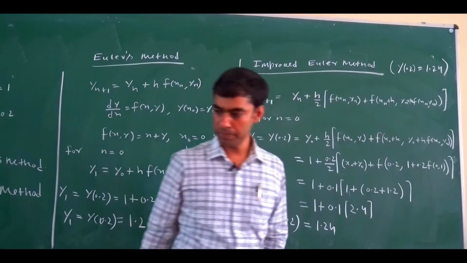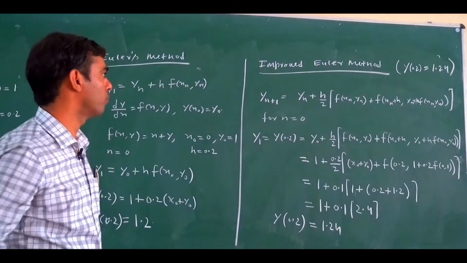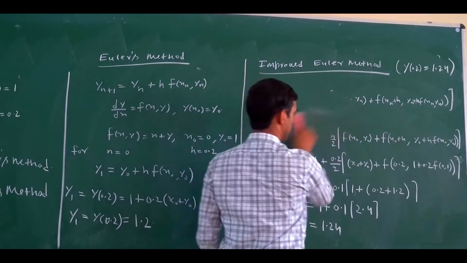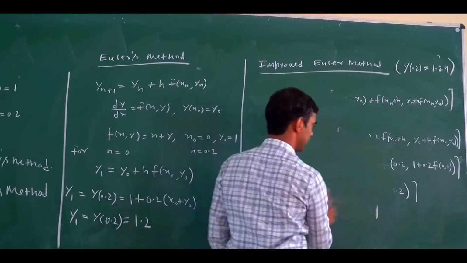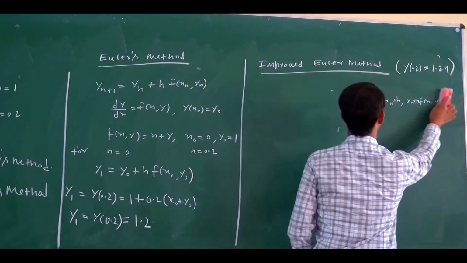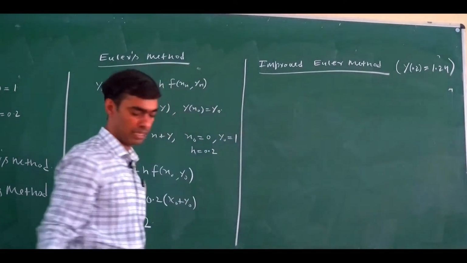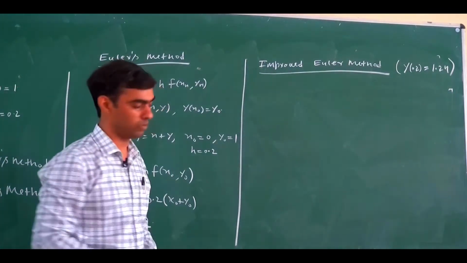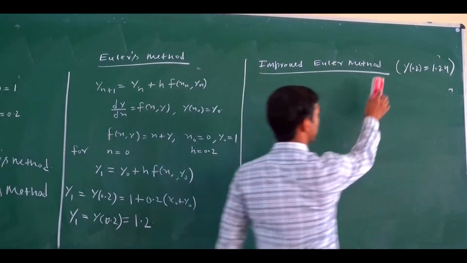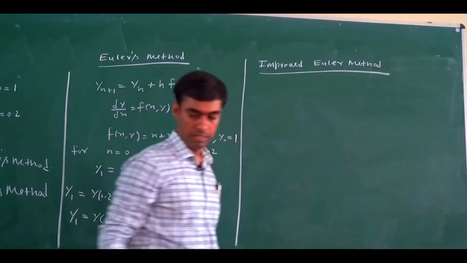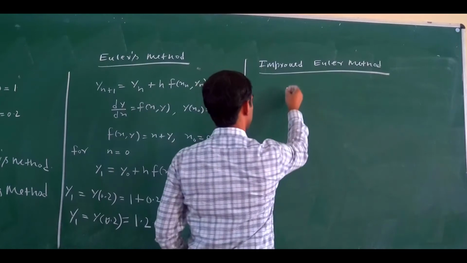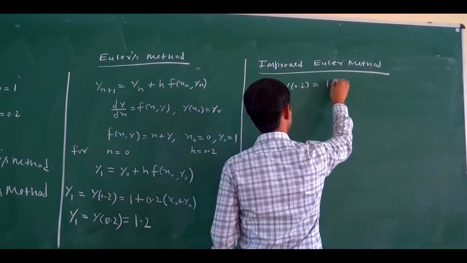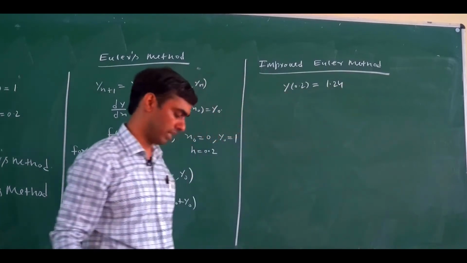And now, what is the result by the modified Euler method? So the result by the improved Euler method is y(0.2) = 1.24.